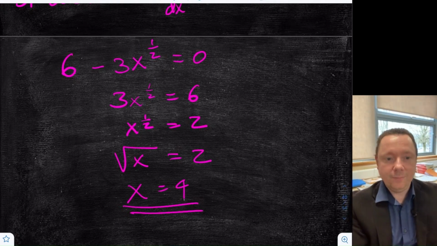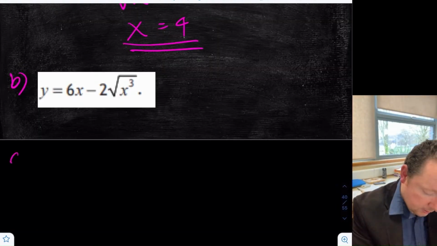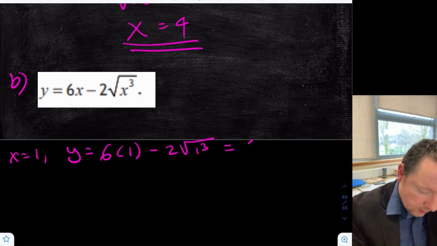And we're done there. Part B, hence determine the greatest and least values of y. So at x equal to 1, y equals 6 times 1 minus 2 times the square root of 1 cubed. 6 times 1, 6, minus 2 equals 4.